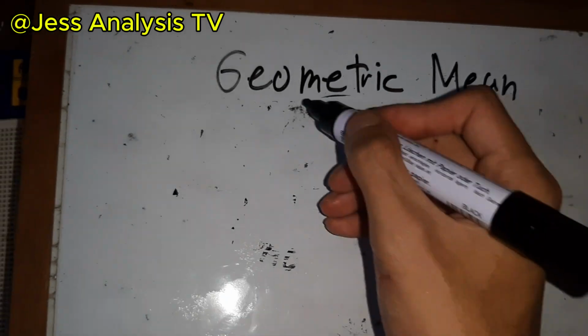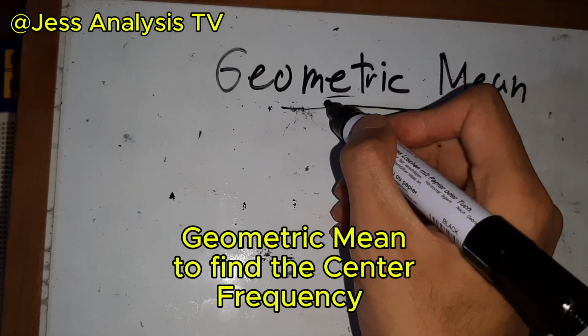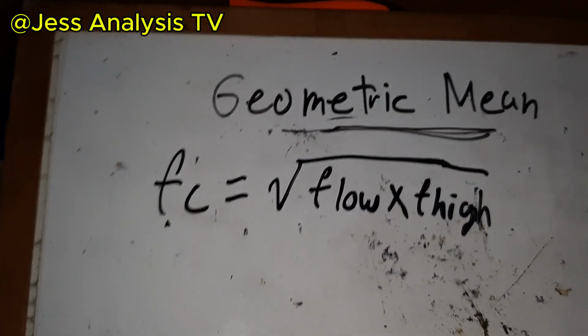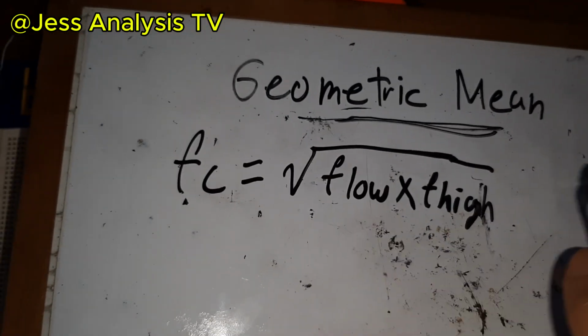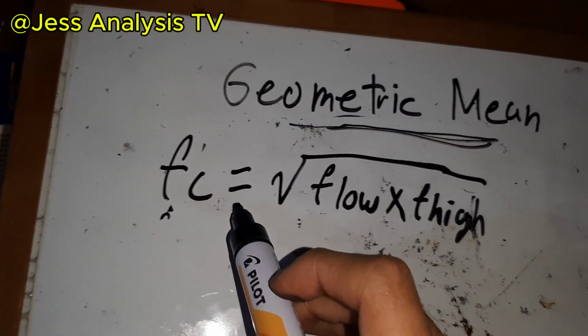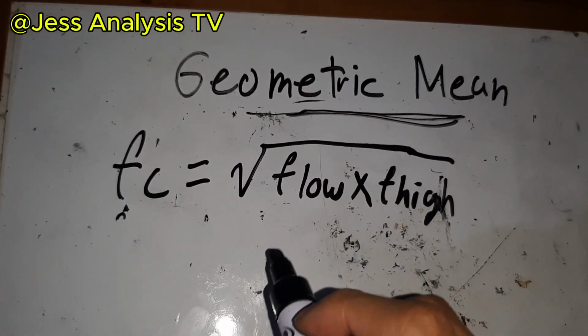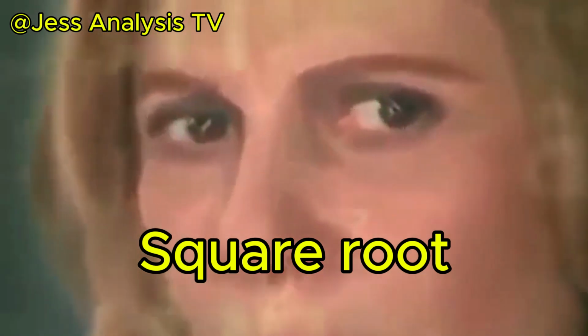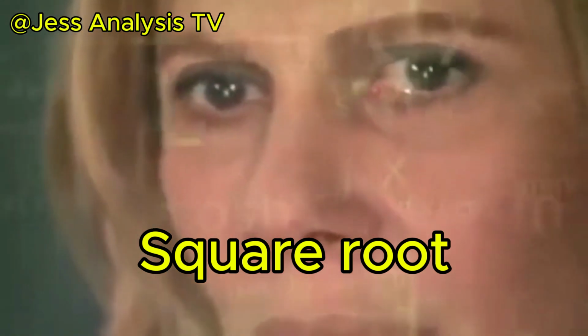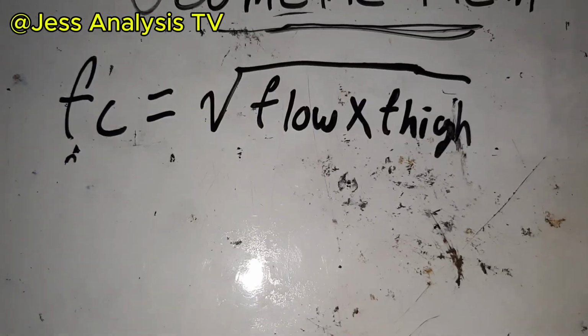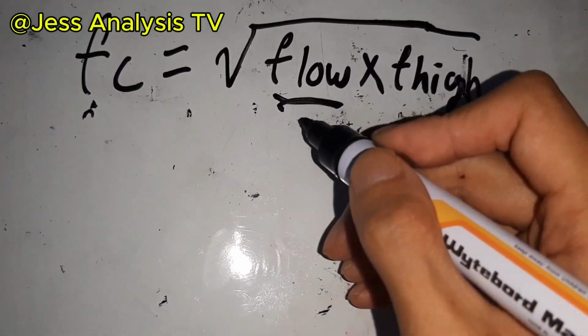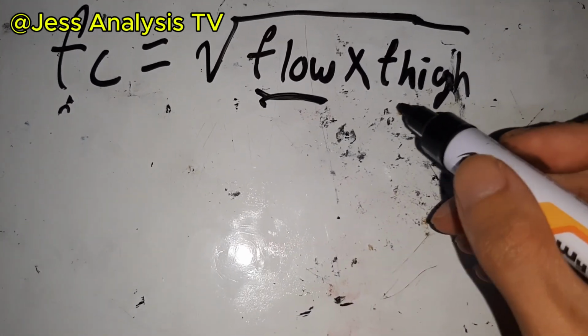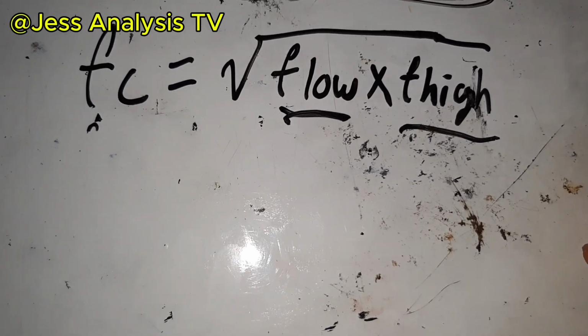For that, we use the geometric mean to find the center frequency. The formula is: center frequency equals the square root of the product of the low and high frequency. F low is the lowest frequency and F high is the highest frequency.